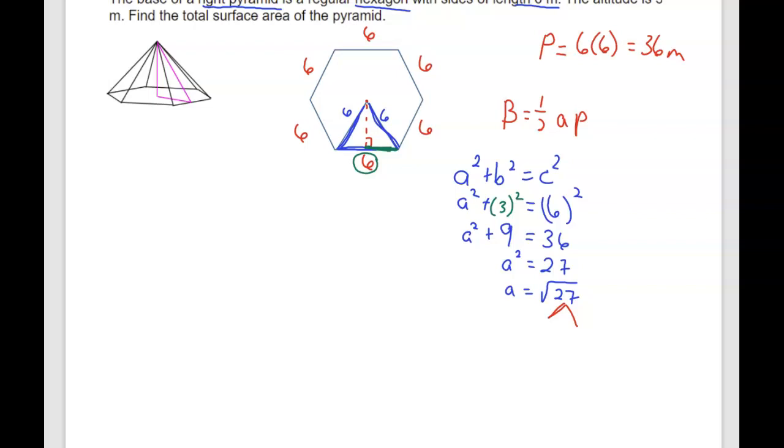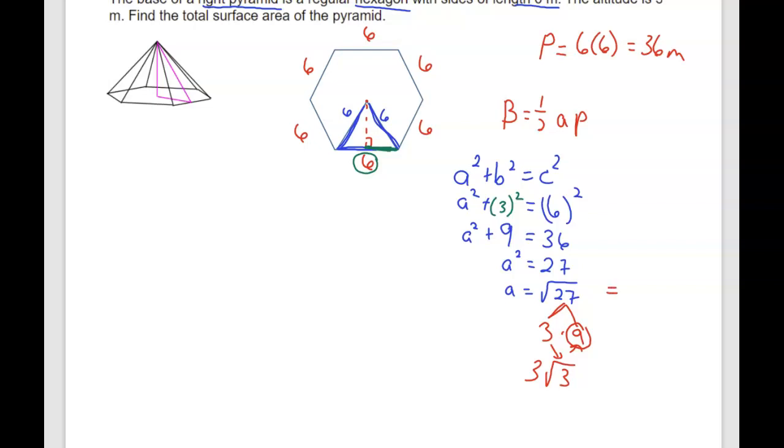Two numbers that multiply to give 27 are 3 times 9. The square root of 9 is 3, so I take the 3 out from the square root of 9, and I put the other 3 that is left over underneath the radical.